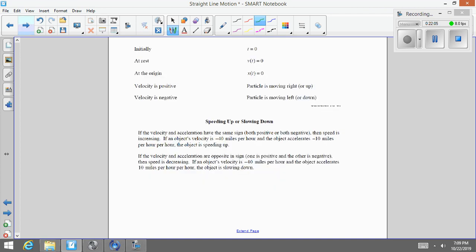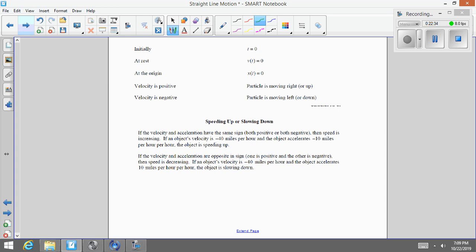Now here are a few words or phrases that are used often in questions on the AP exam. Initially means when t equals 0. At rest means the particle is not moving, which means the velocity function would equal 0. At the origin is describing position, which would mean x of t would equal 0.